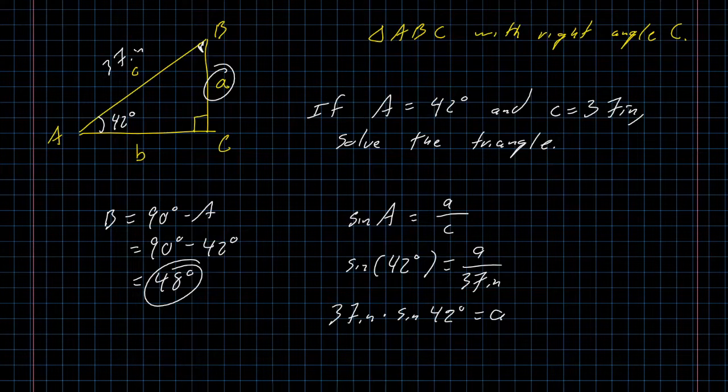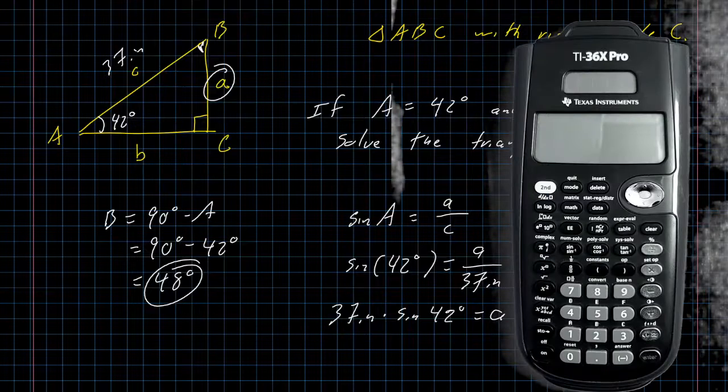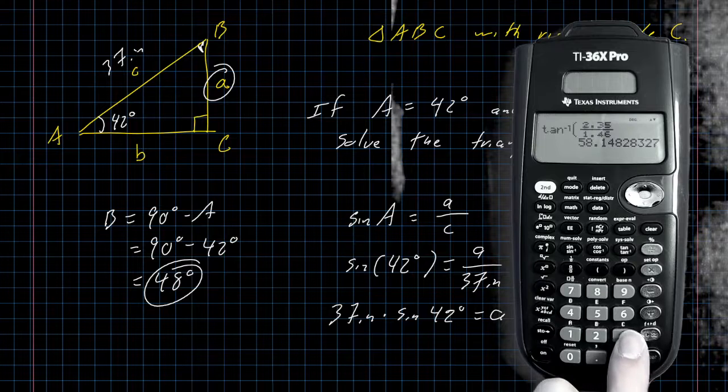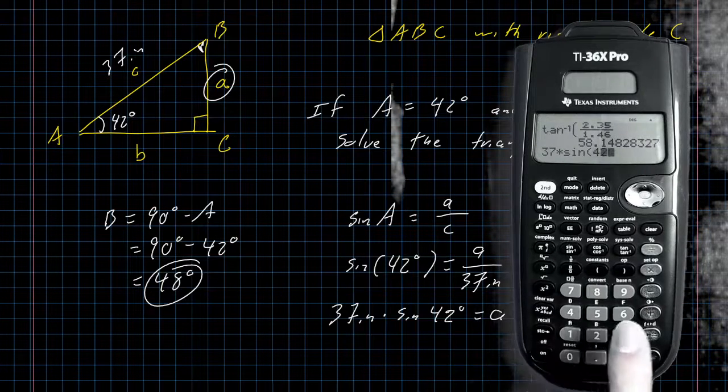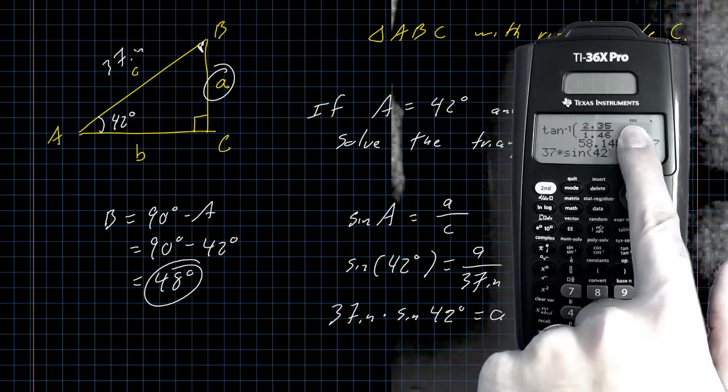And I see that it's going to be 37 inches times the sine of 42 degrees that will give me that last side A. I'm probably going to cover over that statement when I pull my calculator up, but I'm going to pull my calculator up and hey, it does just fit on the screen still. Pull my calculator up and punch that in. I have 37 times the sine of 42, double checking my calculator is in degree mode.